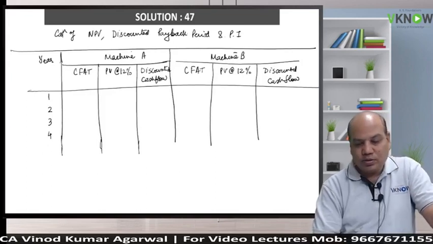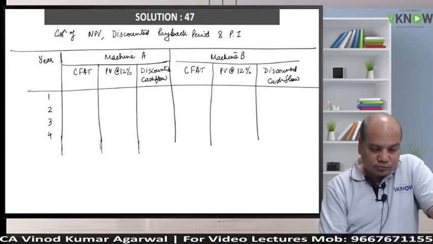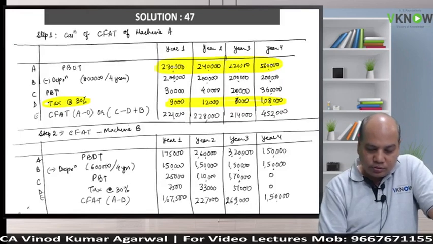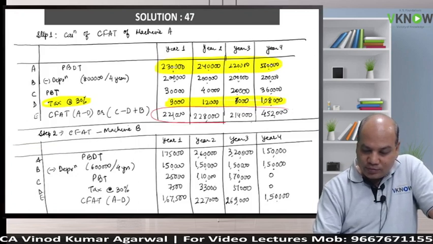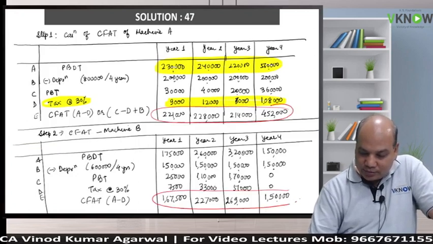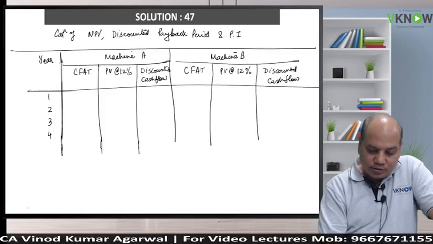Go to the previous table, machine A, last line, CFAT. I want this line: 2,21,000, 2,15,000, 2,28,000, 2,14,000.